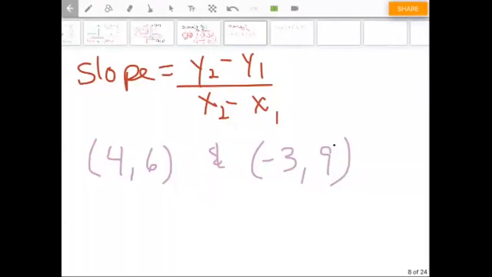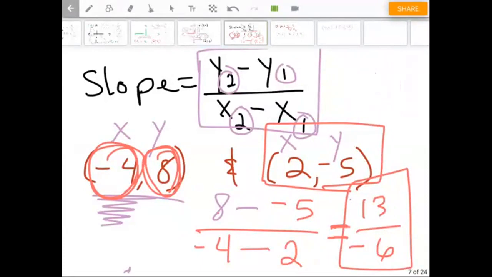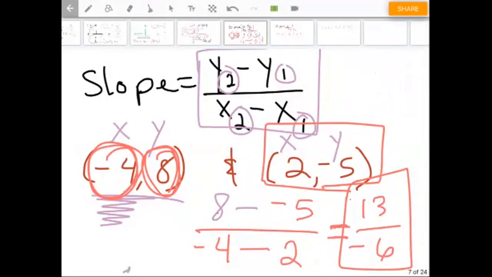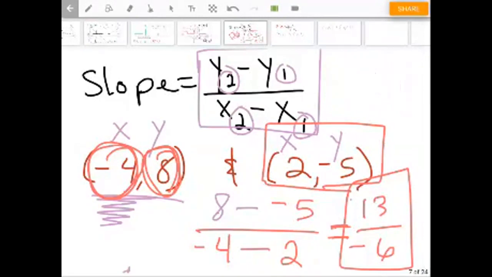I have a question. All right. Yes. You said that even though it's labeled Y2 and Y1, it doesn't matter if I use the first ordered pair before the second one? No, it's just a consistency thing. We could do it the other way just to see. Let's start with this ordered pair.